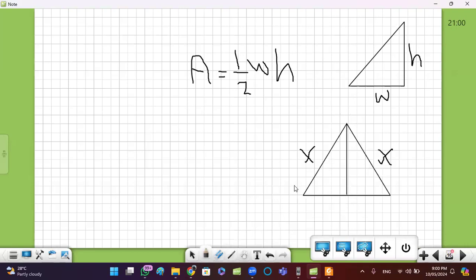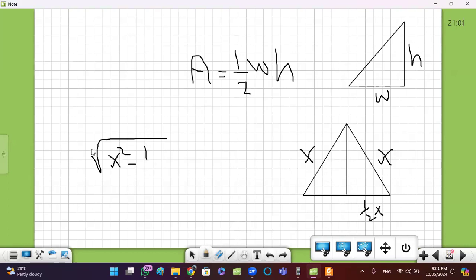No. This is half X, correct? I use Pythagoras: X squared minus 1 over 4 X squared. From where 1 over 4?